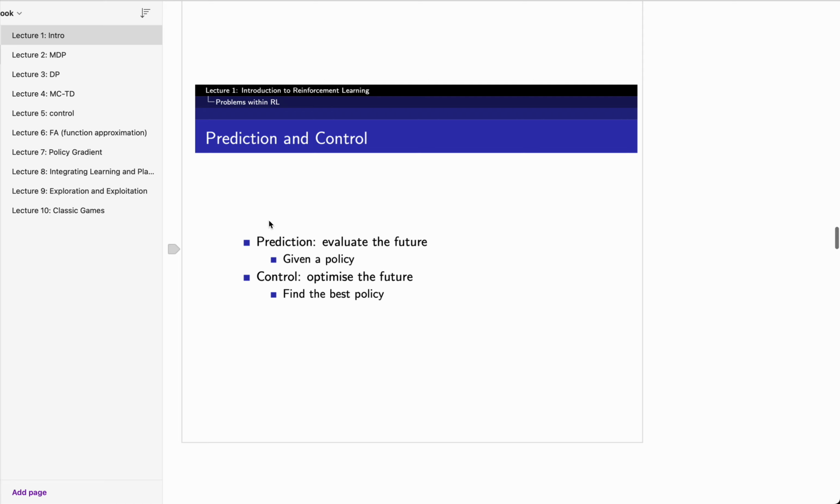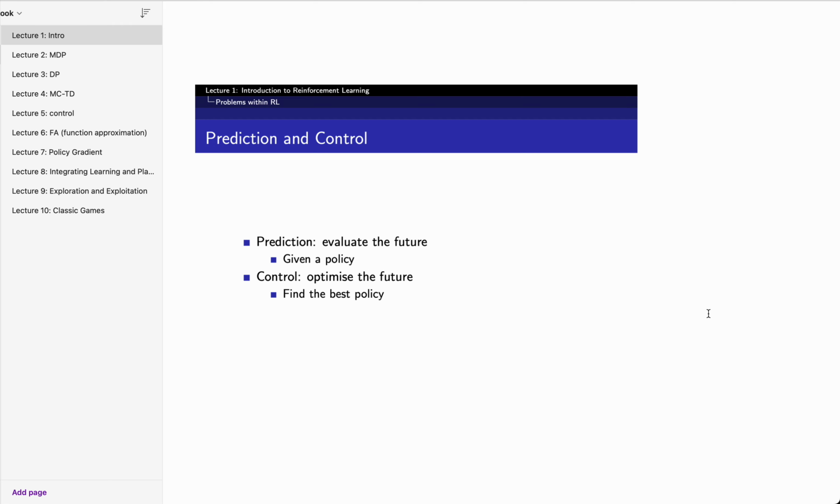One is predicting, evaluating the future, given a policy pi. What state is better moving into the future? The other is control. What is a better action that I'm going to take by comparing the Q action value functions of each of the actions.